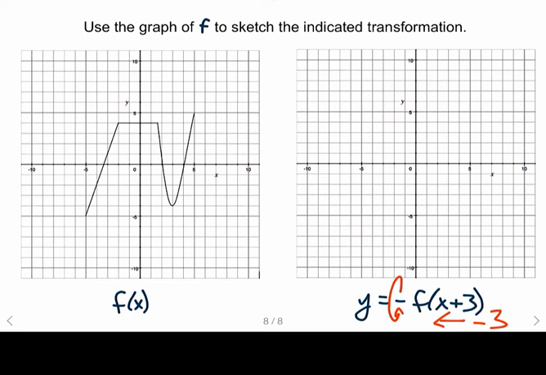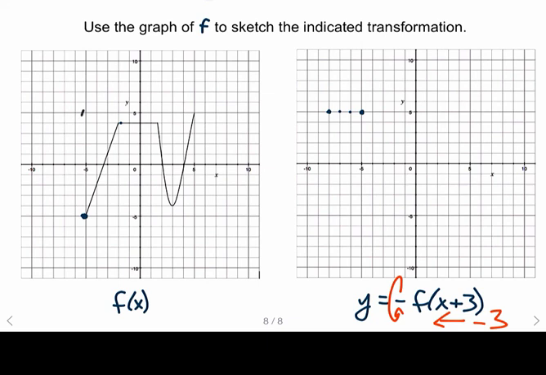I'm again going to find out where defining characteristic points go. Negative 5, negative 5: the reflection means that's going to end up at (-5, 5). But then to the left 3 units indicates that it's actually going to end up at (-8, 5).